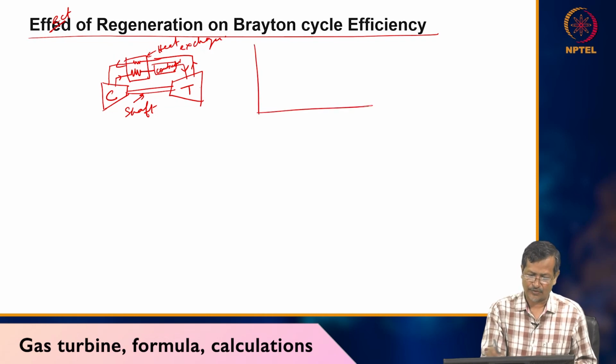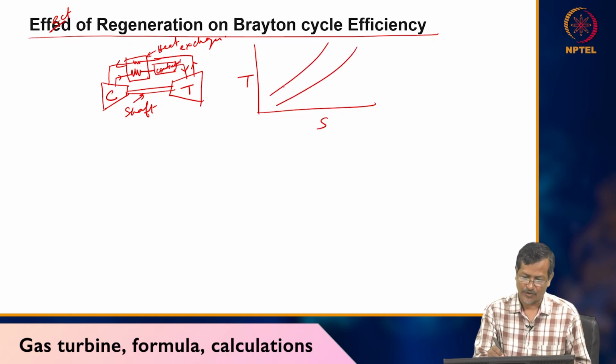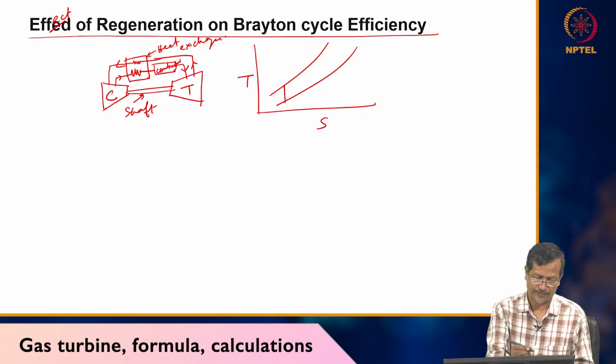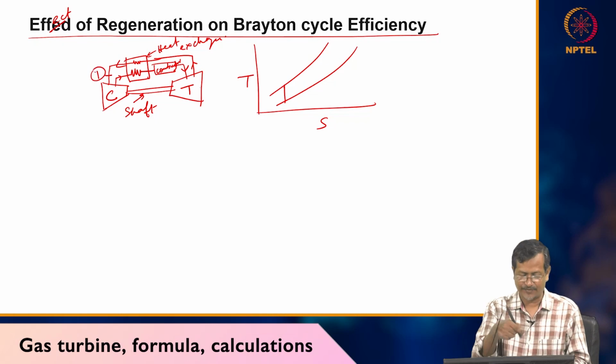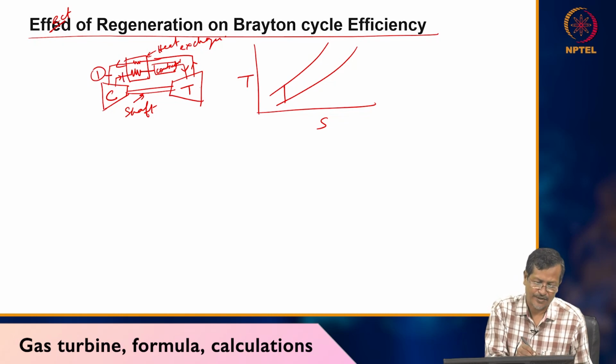So then what will be my TS diagram then? Again, you draw your pressure line, 1 to 2 numbering. You have to give a number where here it is 1. So they have drawn a complete closed cycle. Okay, so you can create an open cycle also, doesn't matter. 1 to 2 your compressor.